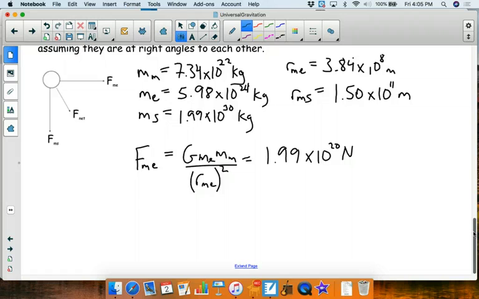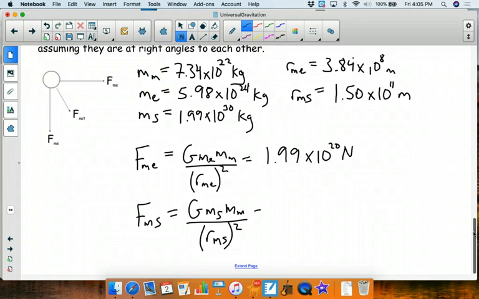And then we need to know the force on the moon from the Sun, which is just G times the mass of the Sun times the mass of the moon all over the distance between the moon and the Sun squared. And you plug all that in, you get 4.33 times 10 to the 20 newtons. Okay, so then we just have two vectors.